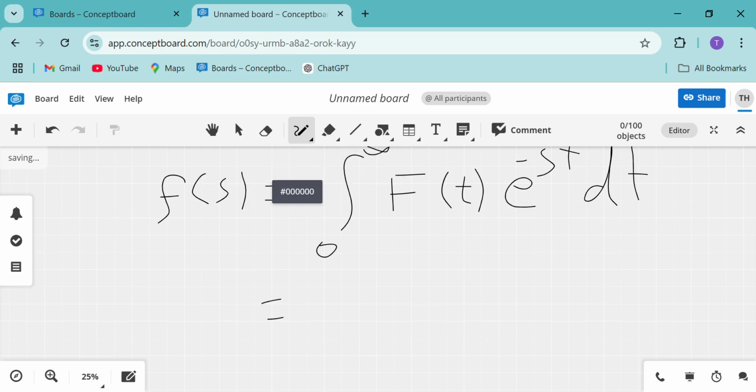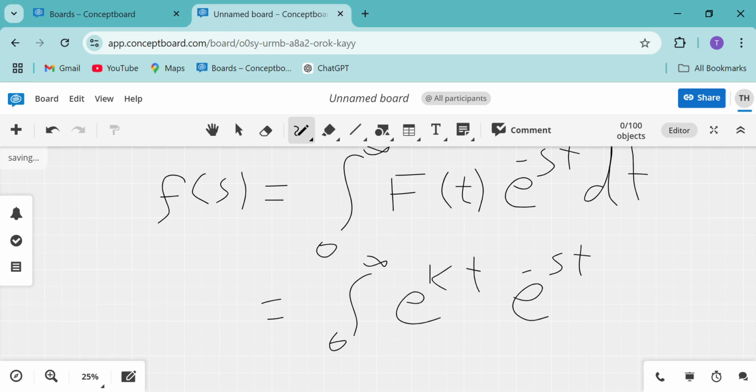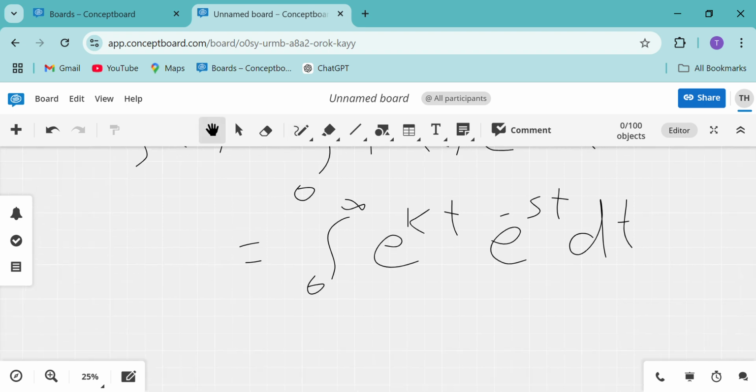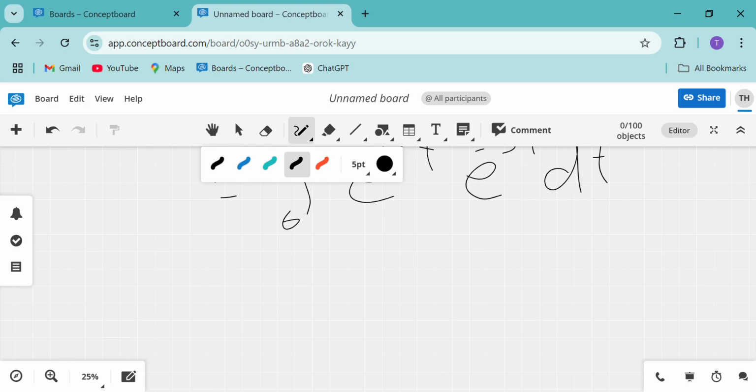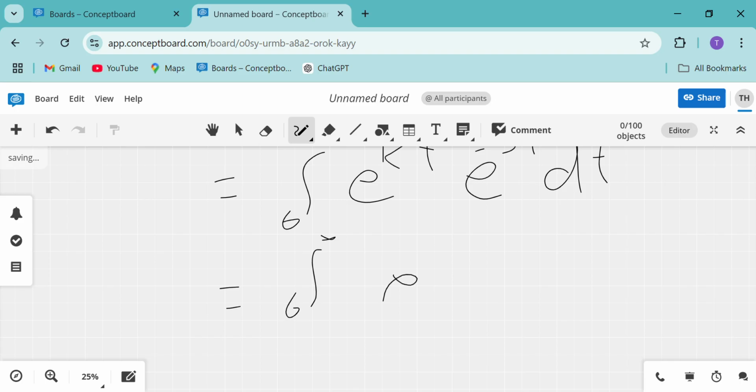This will become the integral from 0 to infinity, where our f of t is exponential kt, and we can write minus st dt.